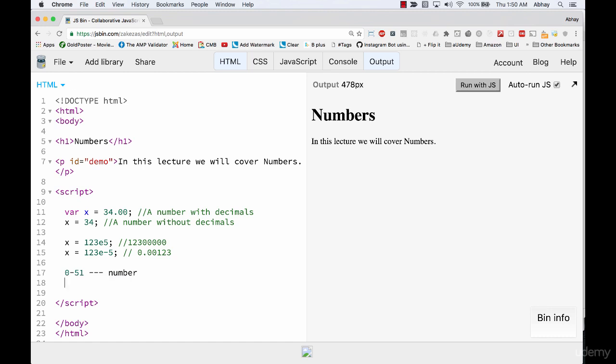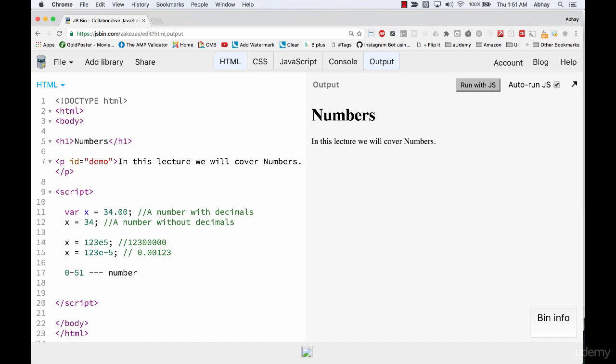Similarly, if you need to represent a 2, it is usually 0, 1, 0, and so on and so forth. This goes on till 51 bits. So that's 0 to 51 bits. But again, you don't need to understand this. This is a very integral detail, but it's good to know information.